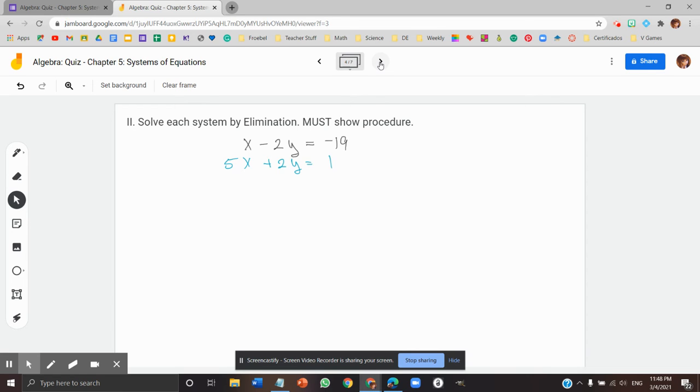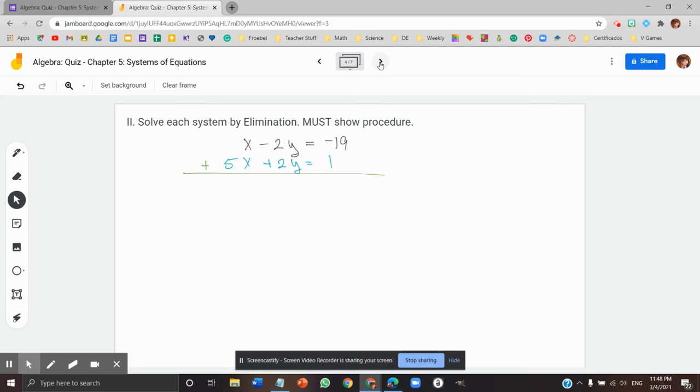So that means I cannot cancel them. But here I have negative 2y plus 2y. Naturally it's going to cancel itself. If I add them up, they're going to cancel themselves. So I'm going to use this one. And because they are opposites, they're going to cancel. And therefore, I'm just going to add those two equations.